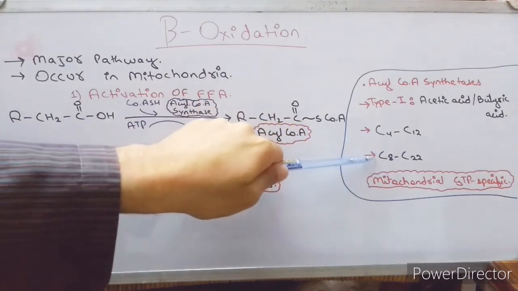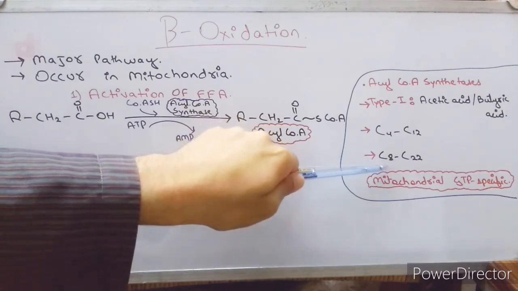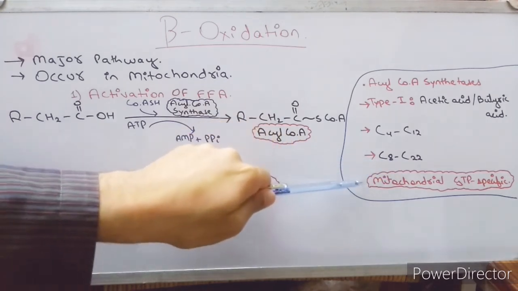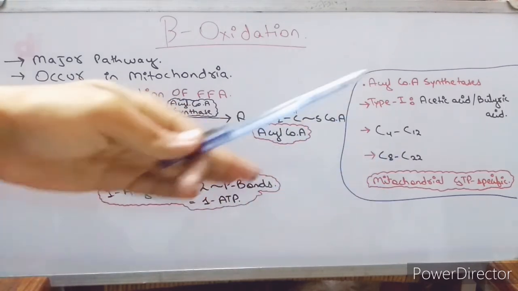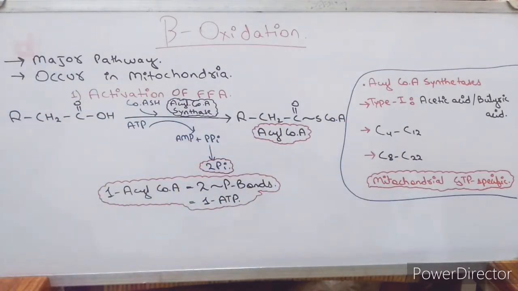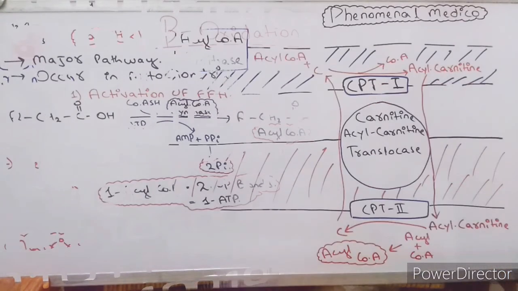The next one is for long chain fatty acids, C8 to C22, and there is a fourth type which was recently discovered, which is mitochondrial and GTP specific, and it involves the hydrolysis of GTP into GDP and inorganic phosphate. So this was the activation of the fatty acid, which is the first step required for beta oxidation.